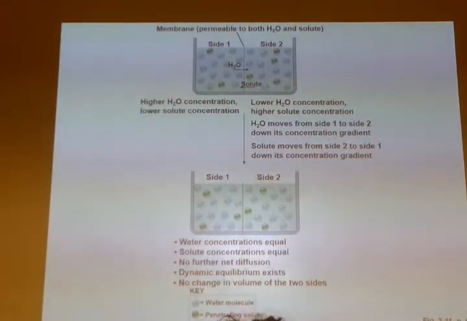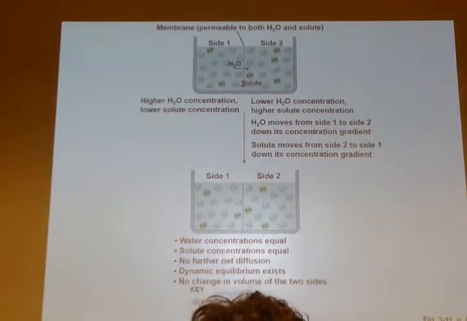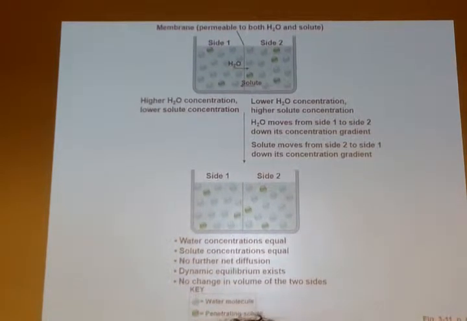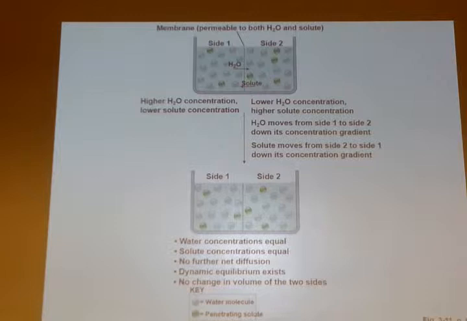So membrane permeability. We've got water in higher concentration here because we've only got 2 solute particles. In side 2 we've got 4 solute particles. So the first thing that happens is water moves from side one to side two.